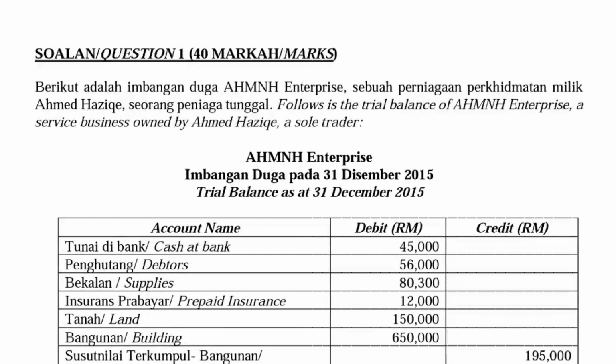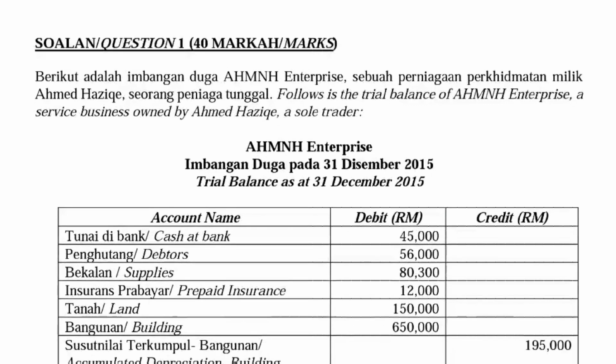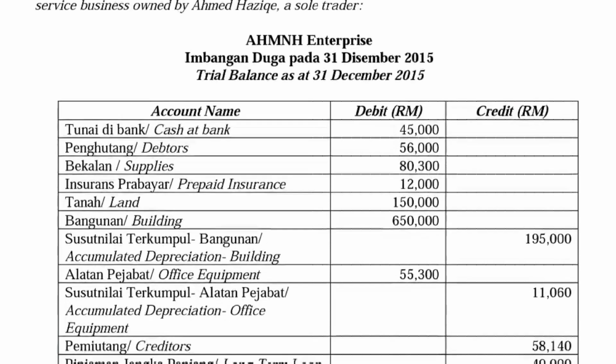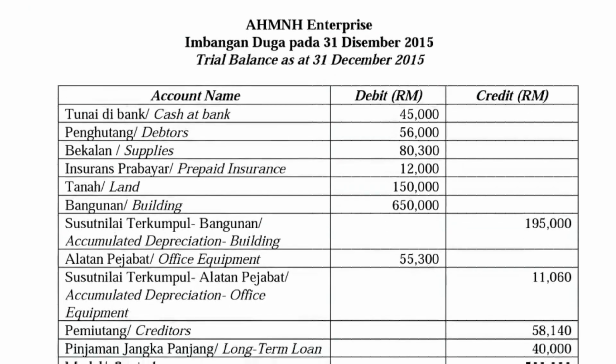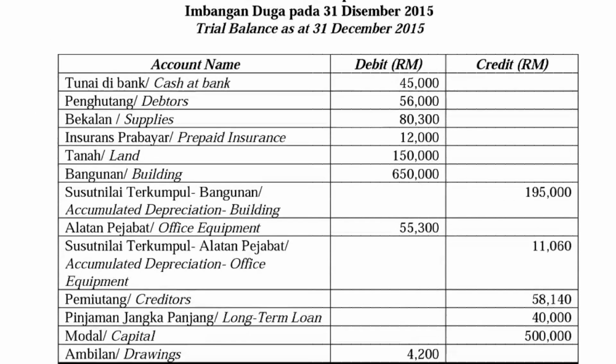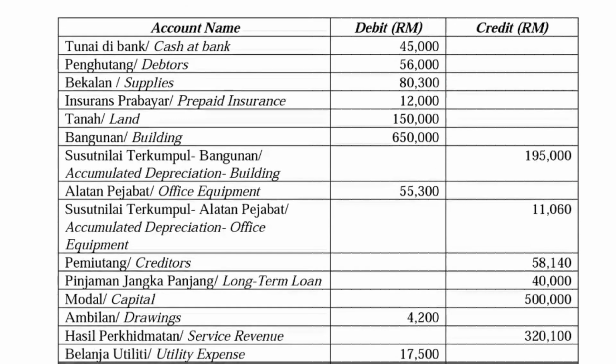The question gives you a trial balance of a sole proprietorship business, and this is a service business. You can see here, this is the trial balance. The first thing that you can see is the cash and debtors, supplies, prepaid insurance, land, building, accumulated depreciation for the building.